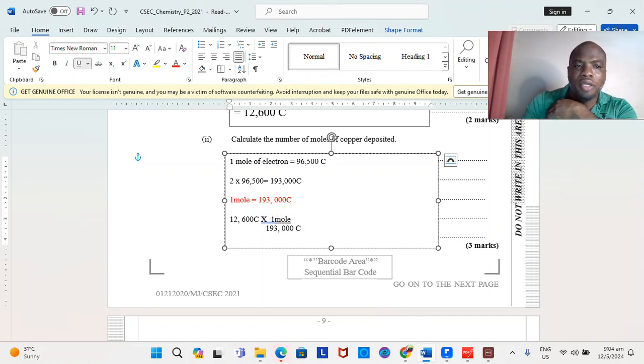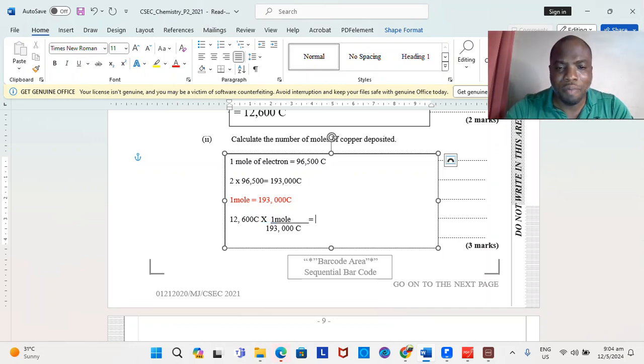And so from here, we would have gotten the information for the number of moles, because the coulombs cancel the coulombs, leaving our answer in moles. So what is the figure that we would have obtained?